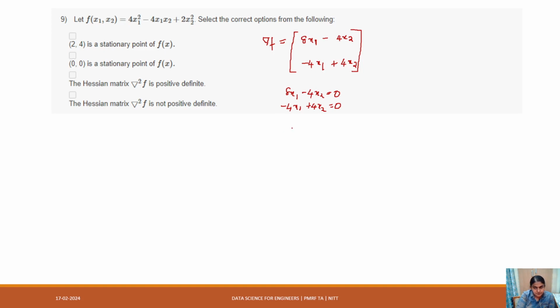Getting B. Okay, so that's right, 0 0 is a stationary point for f of x.